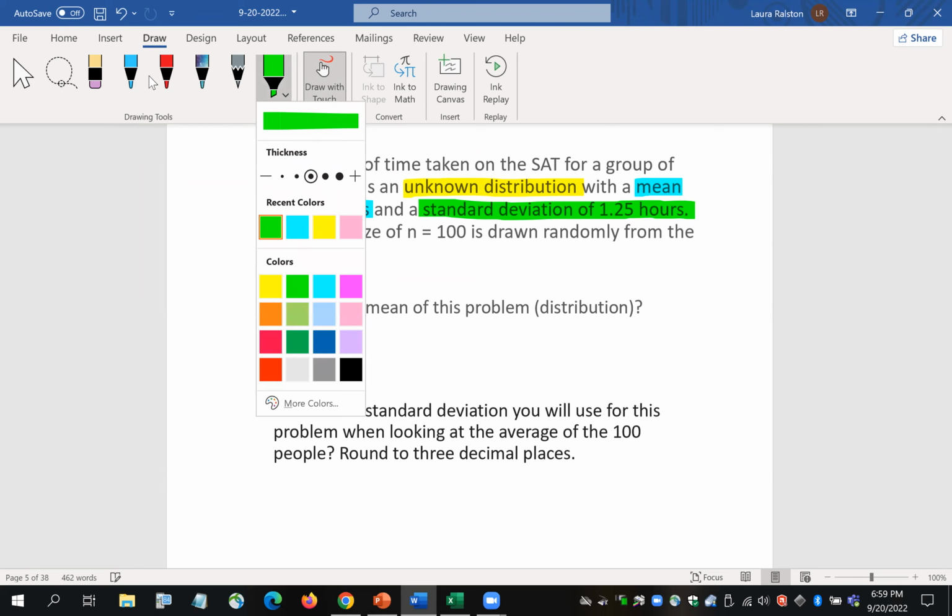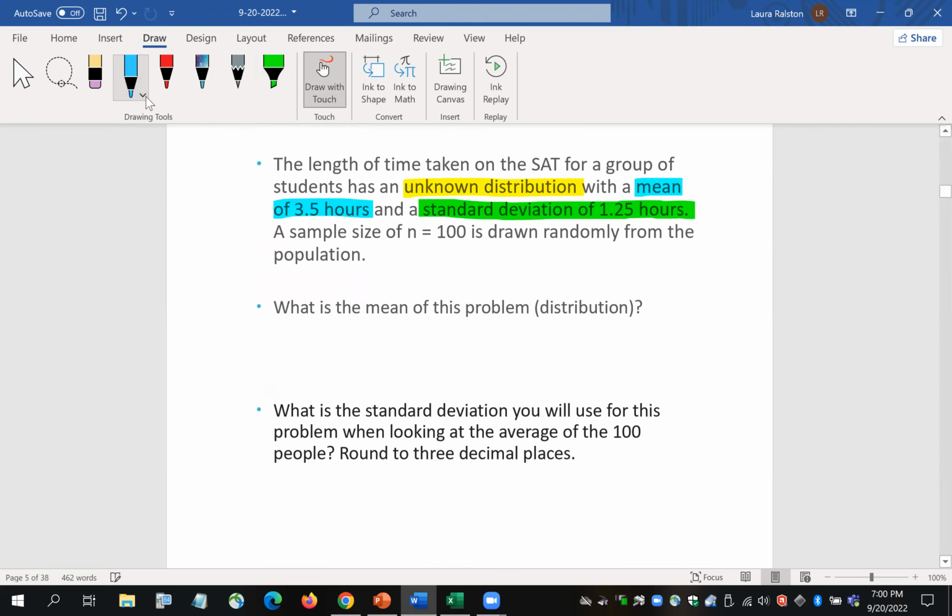A sample size of n equals 100 is drawn randomly from the population.